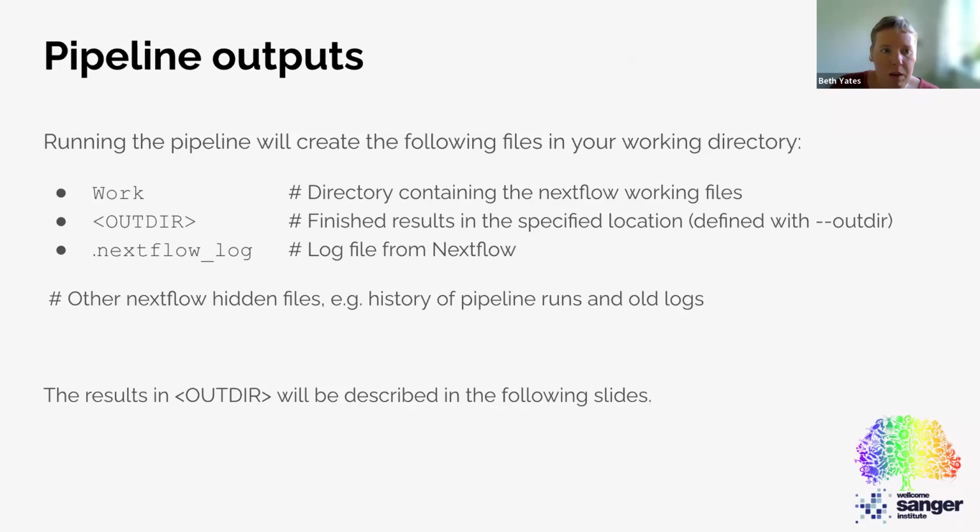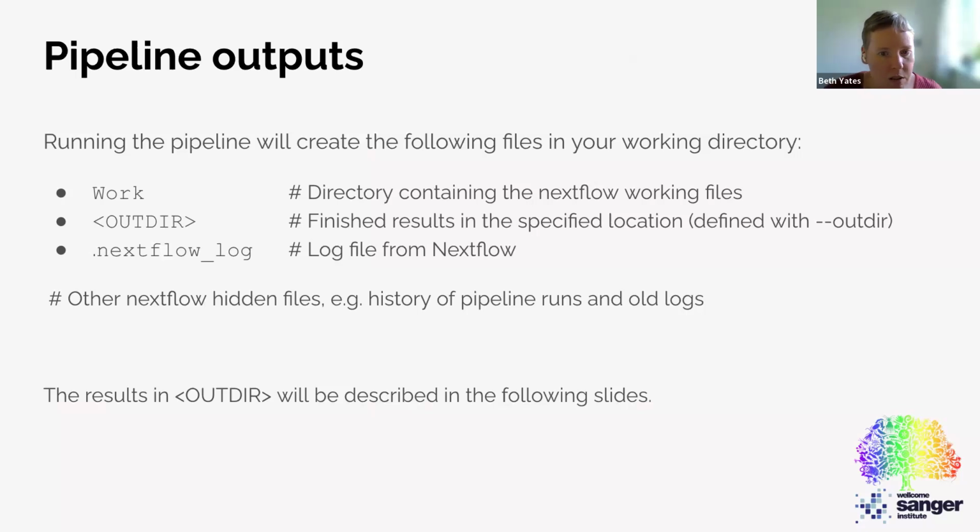So in terms of pipeline outputs, when you run the pipeline, you'll notice that there'll be a set of files that get produced in your working directory. There'll be a directory called work, and this contains all of the files that are used by Nextflow as it runs the pipeline. So all the logs of the different steps will be there. You can have a look and see what commands were run.